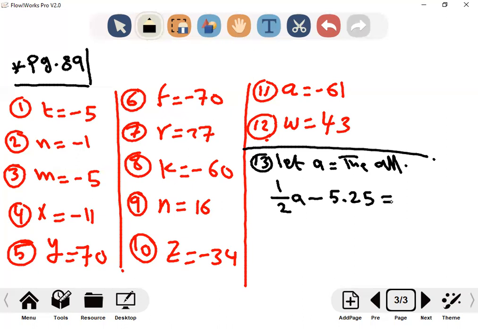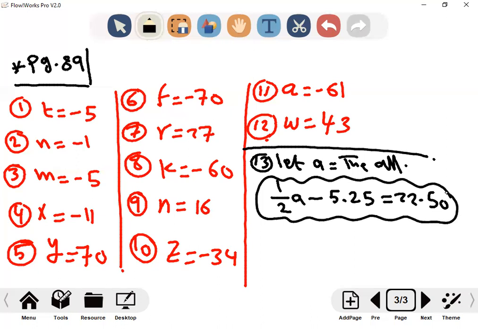How much? 22.50. Now this is our equation. Done? So let's solve the equation.